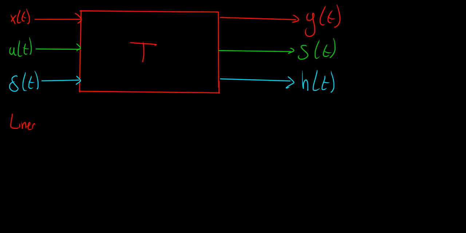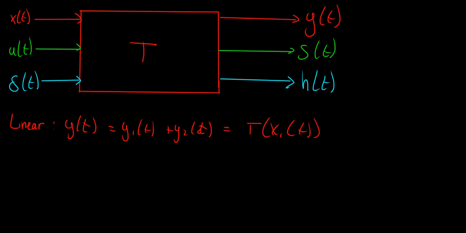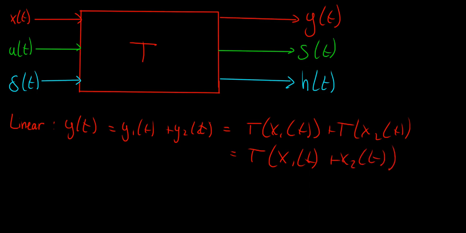If we have a linear system, that means that if we have a y(t) that is actually two functions, y1(t) and y2(t), it doesn't matter if we have obtained these y values by putting through our x functions separately, or if we have put them both together in our system, which is even the same as just putting the whole function in.